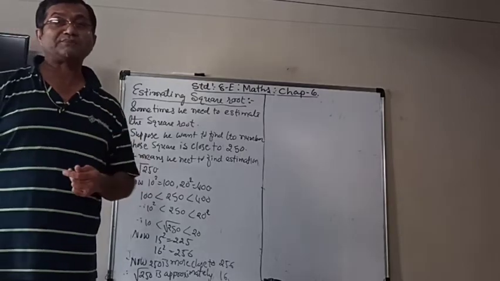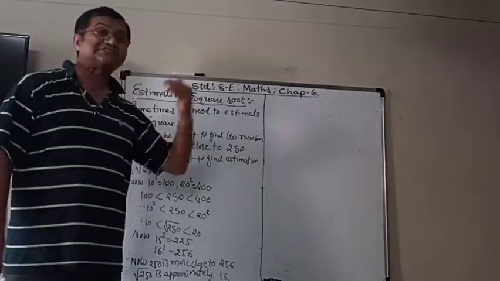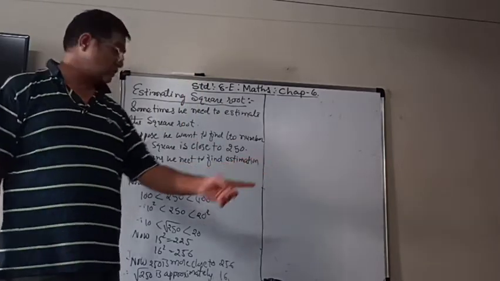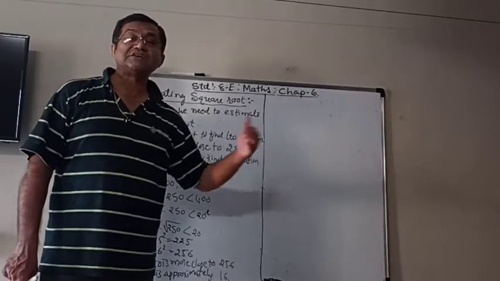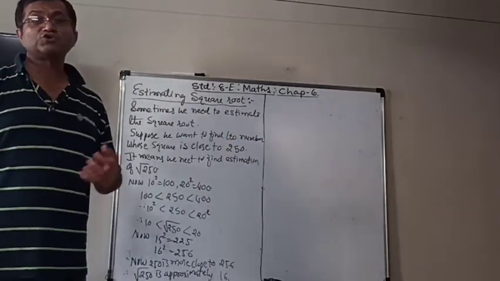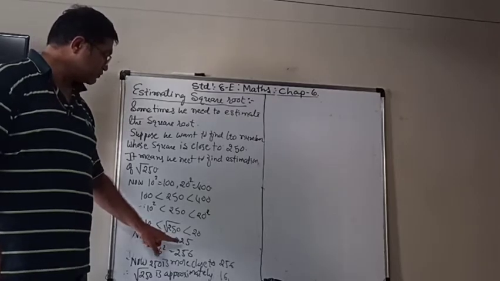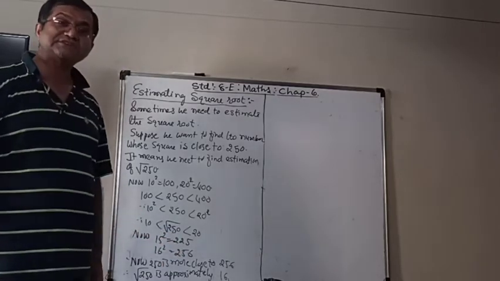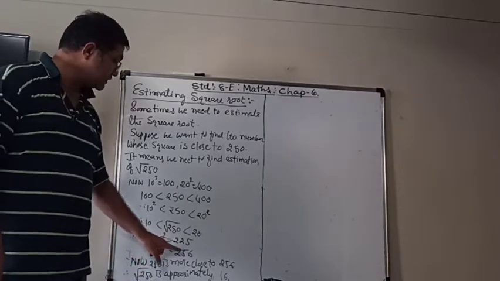What is the square of 15? 15 square is 225. And 16 square, because 250 is more than 225, so we go further. 16 square is how much? 256. Now is 250 closer to 225 or 256? Obviously, it is closer to 256, only 6 away.